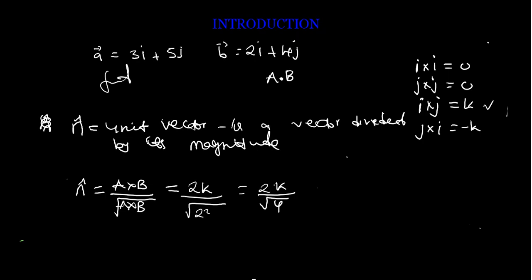Because that's a unit vector. Then from there, this is just 2k over 2, like that. You can divide by 2 there, so it will give you 1, which is just k. So that's a unit vector perpendicular to that given vector.